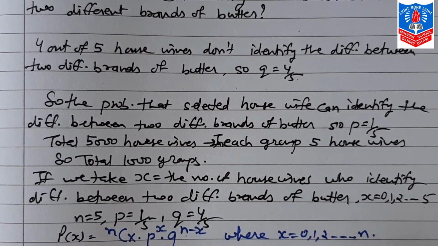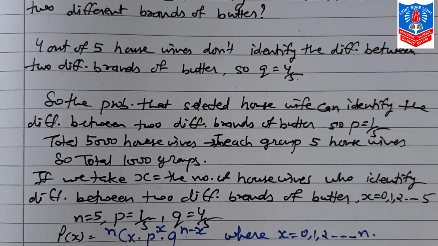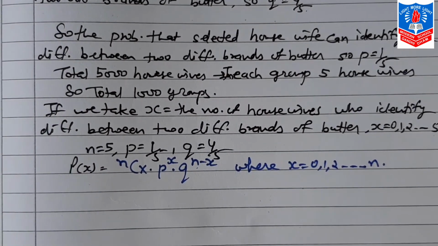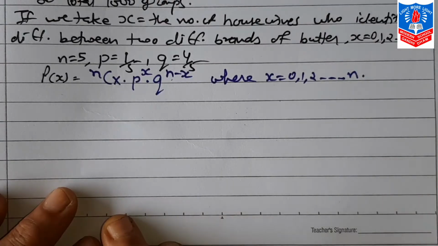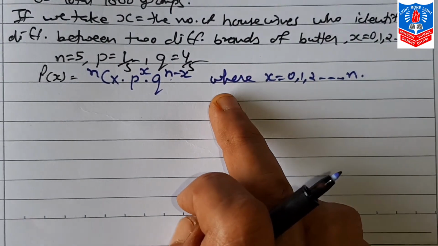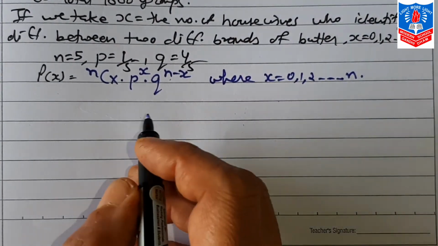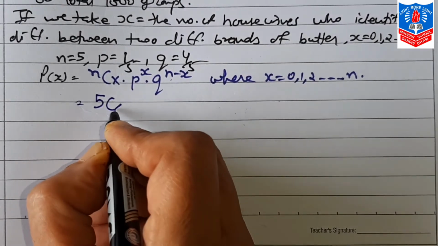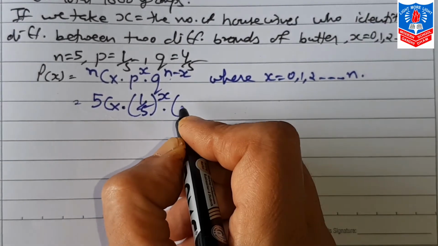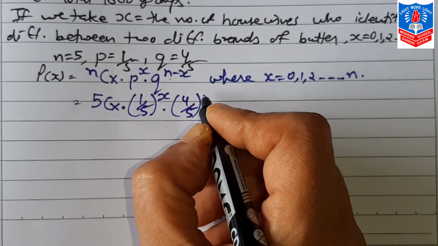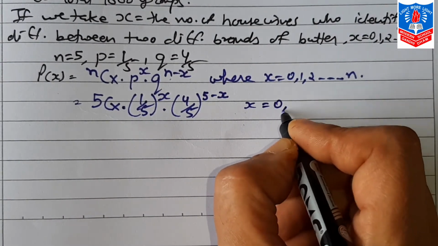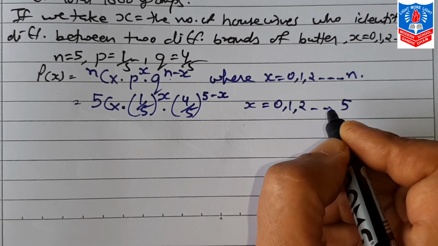Now in this, we put the values, P is 1 by 5 and Q is 4 by 5. So Px is 5Cx, 1 by 5 raised to x, 4 by 5 raised to 5 minus x, where the value of x is 0, 1, 2 up to 5.